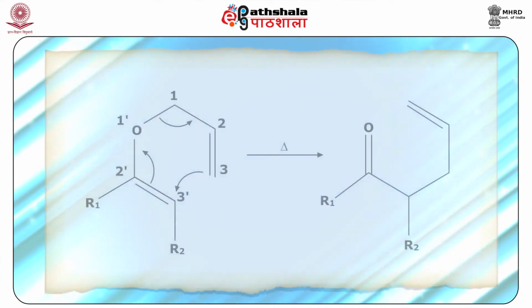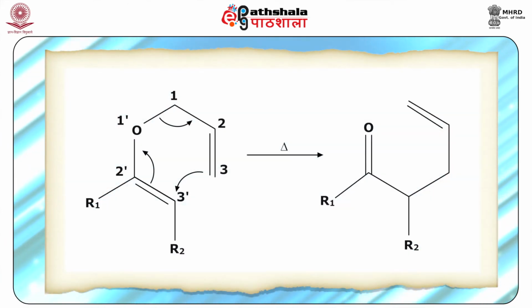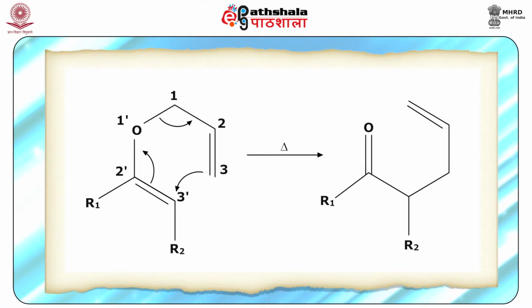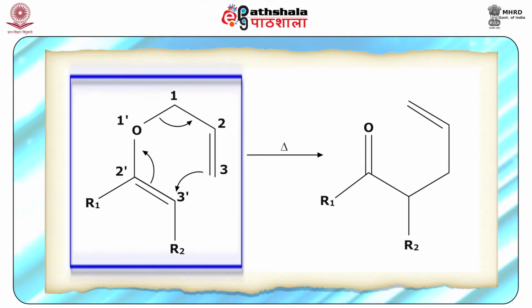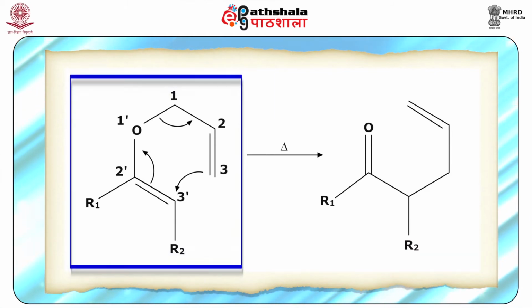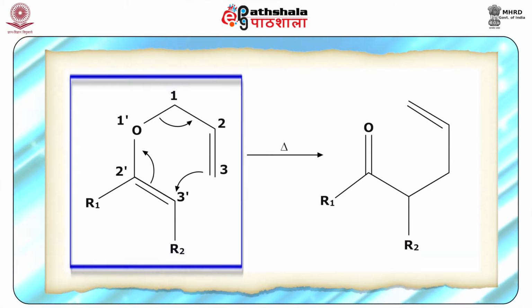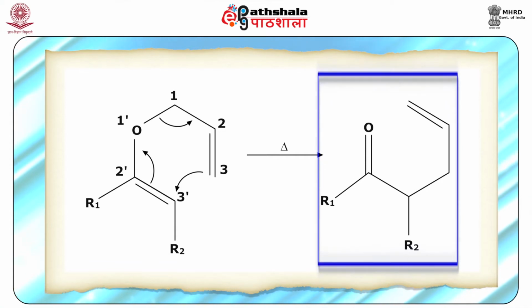An example of an aliphatic Claisen rearrangement where a substituted allyl vinyl ether undergoes 3,3 sigmatropic shift to give a ketone product is shown. The rearrangements are stereoselective in nature.